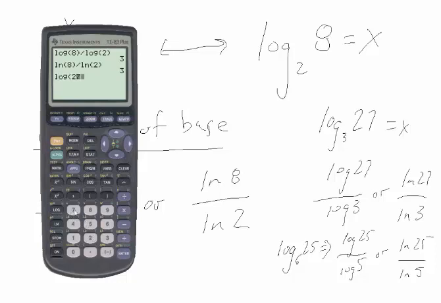Log 27 divided by log 3 equals 3. ln 27 divided by ln 3 equals 3. Log 25 divided by log 5 should equal 2. It does. ln 25 divided by ln 5 equals 2.